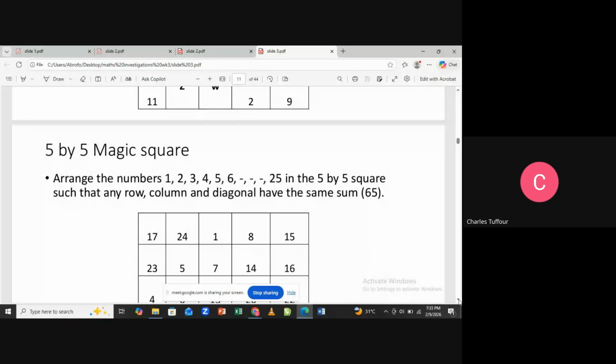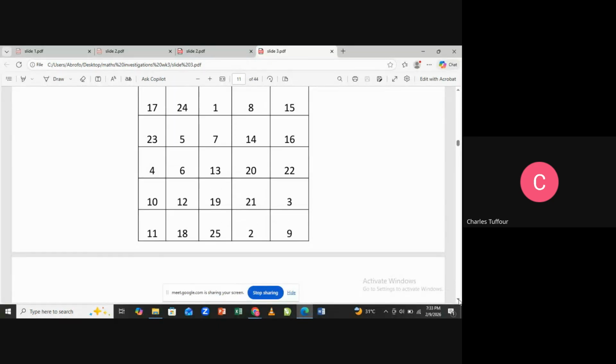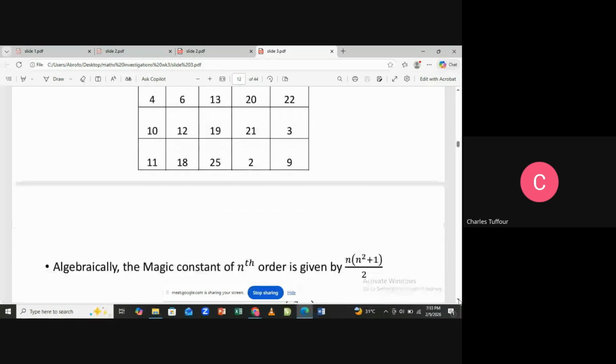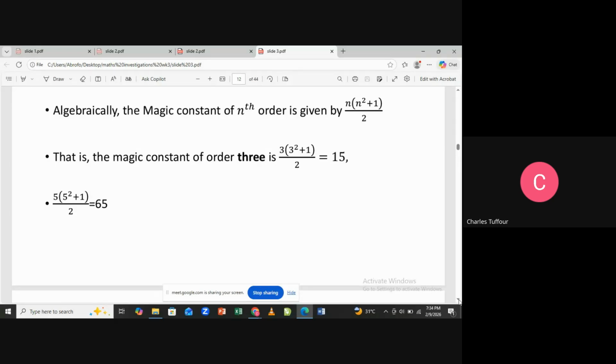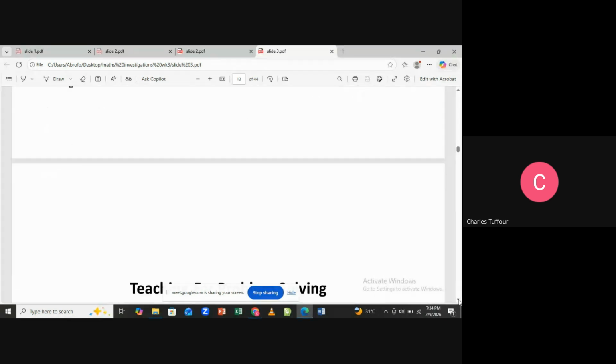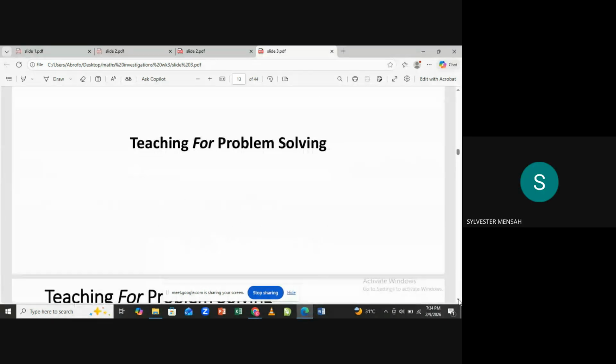Please solve it before you come for the solution, okay? Just trust yourself. When you are done, the question is in slide 2, and the solution is in slide 3. I'll send them to you, so don't worry.